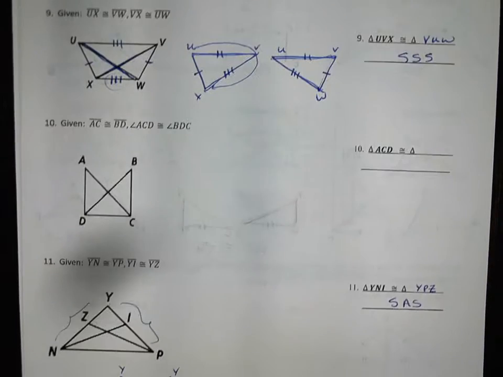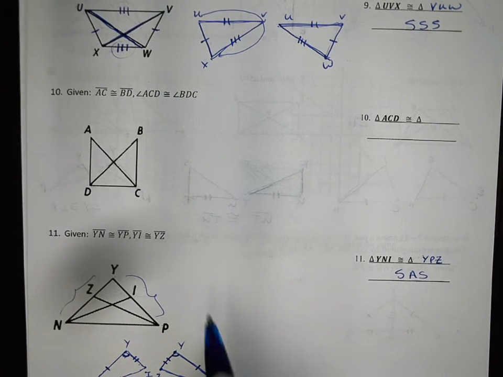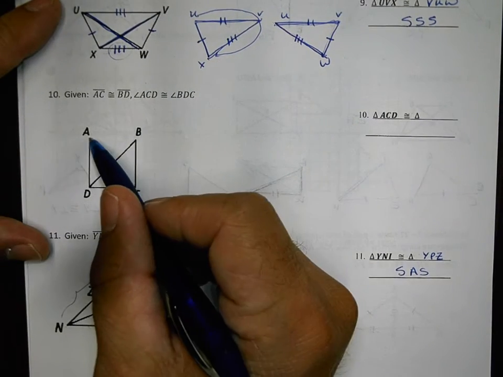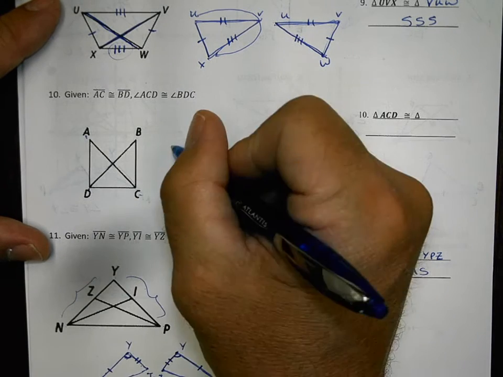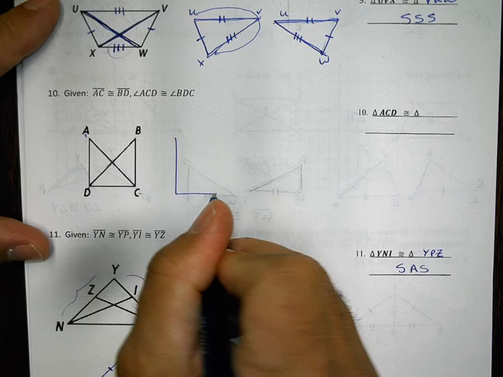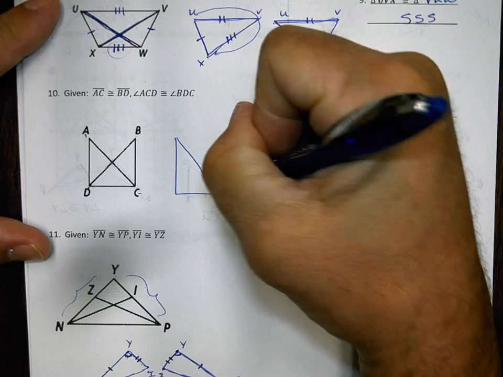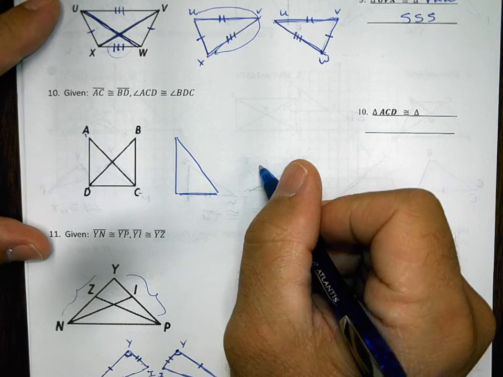Okay, moving on to number 10. We know, let's see, what are we looking at? ACD and BDC. So I can redraw these. And BDC.